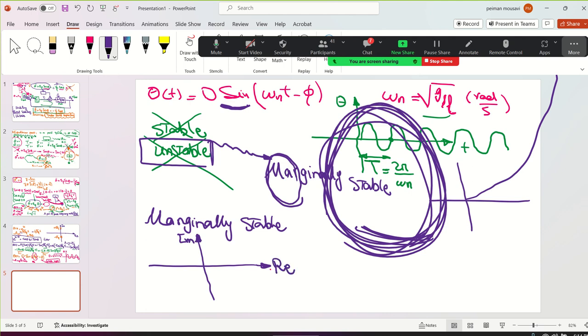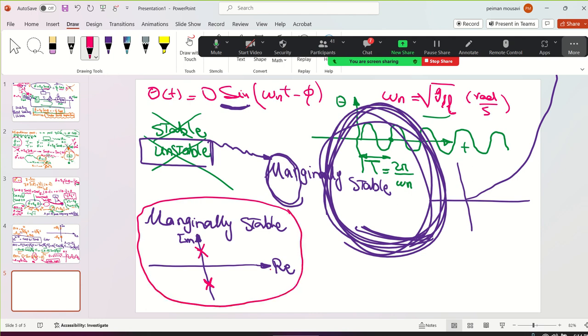Look at your notes. I just taught you. The poles of a marginal system are a pair of pure imaginary roots or poles. This is the definition of the marginally stable system. In the complex plane, you have a pair of pure imaginary roots.